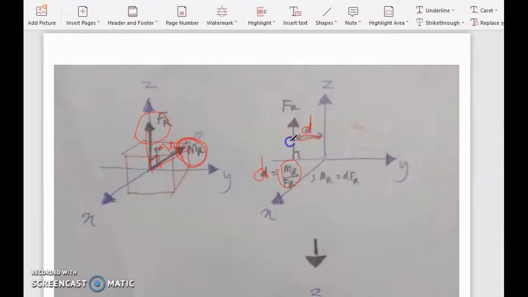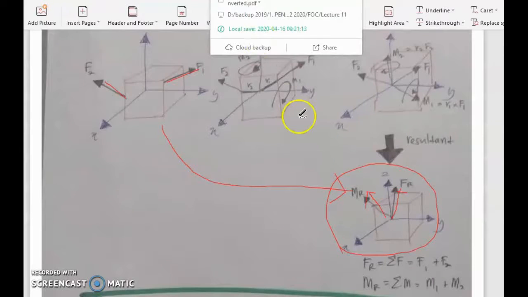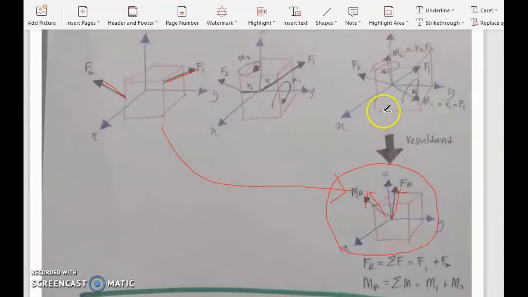When you move the force a few meters here, you can eliminate the moment. It's actually like you reverse back from here to here, so you eliminate the moment, and it becomes this one.